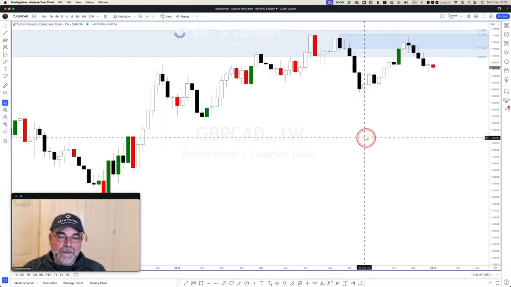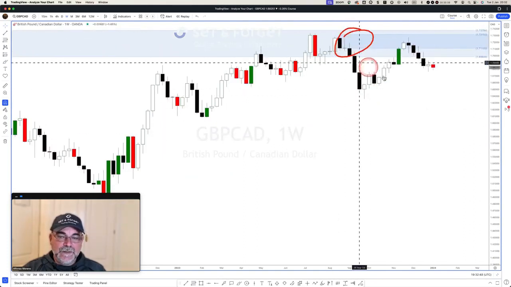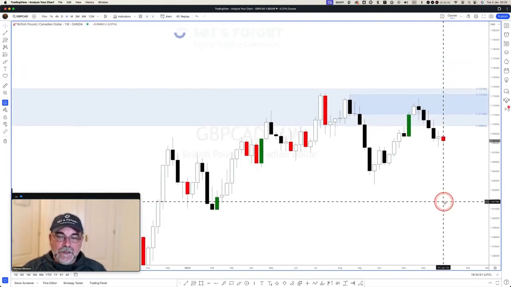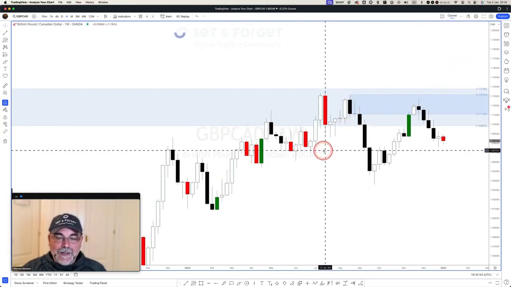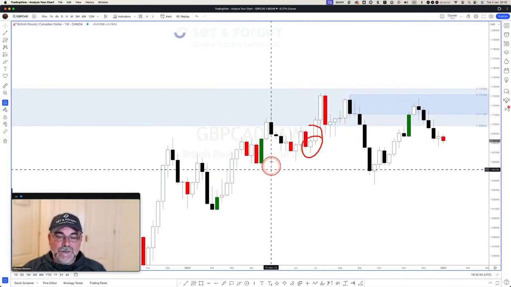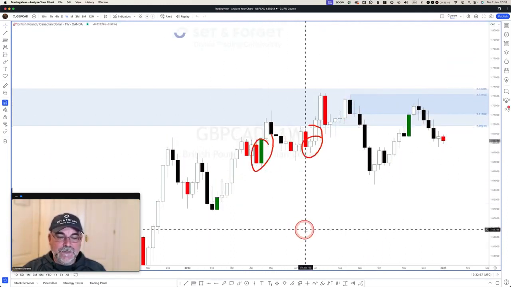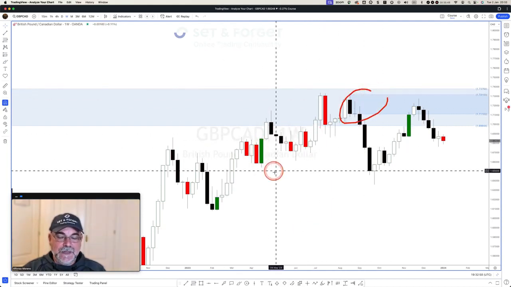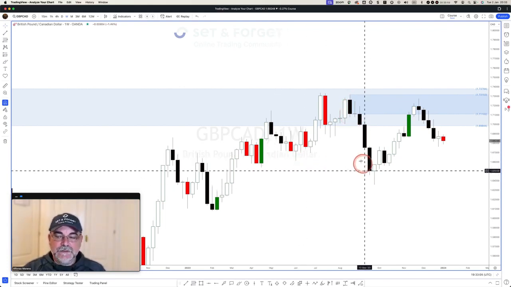You need to know what to do when these imbalances are created, what to do with them, why this is not an imbalance, why this is not an imbalance. Okay, but this is an imbalance. Those are many rules that will tell you if those are imbalances or not.